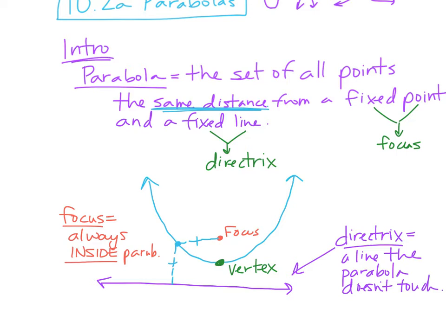Geometry, look at that, marking things congruent. If I pick a point over here, this point to the focus and to the directrix would be the same distance as well. So those lengths would be the same. Okay, so that's your general setup.